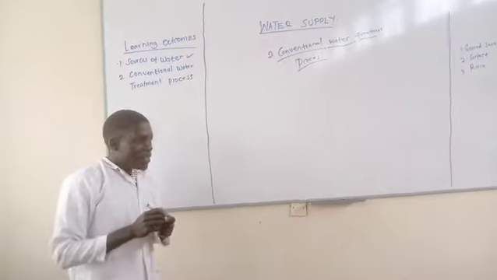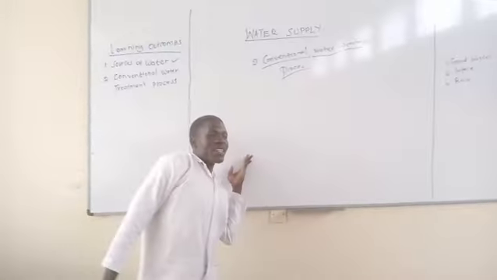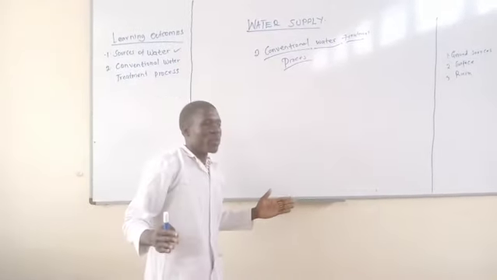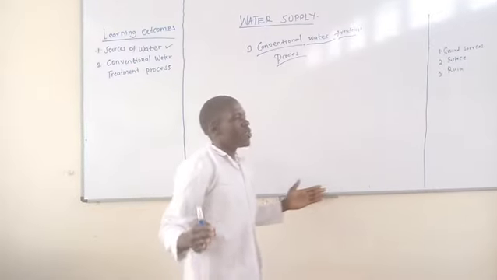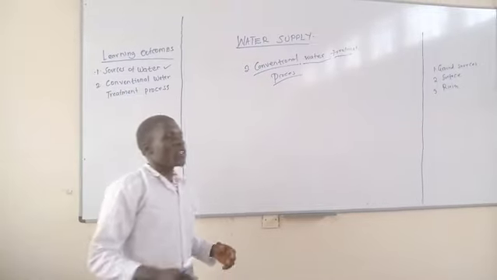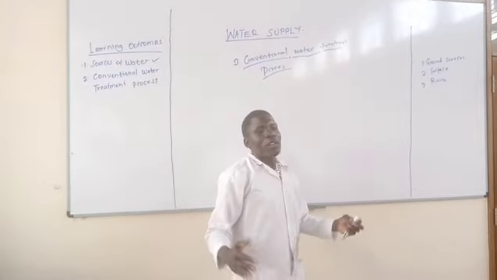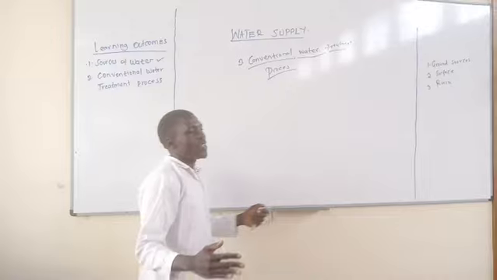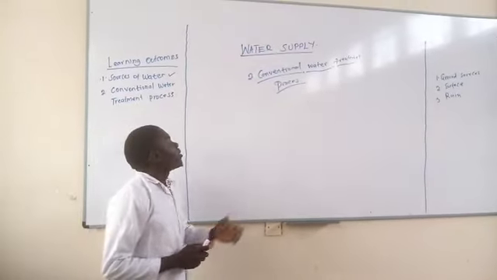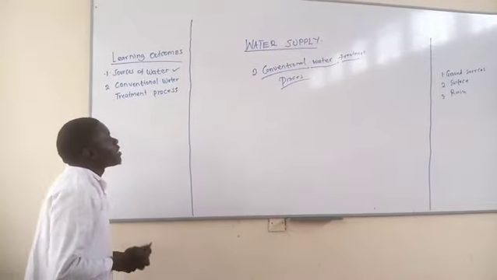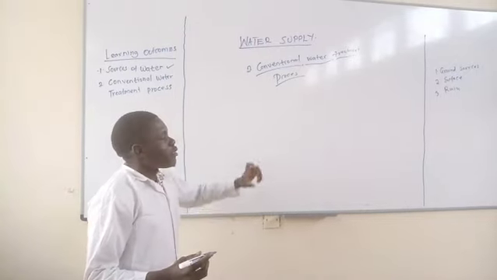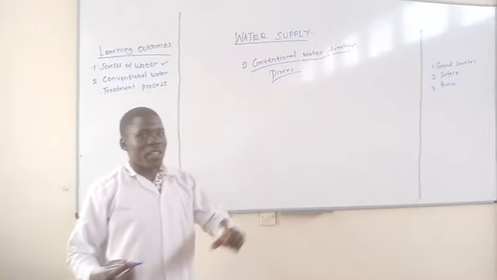Water treatment is a process of transforming raw water into potable water. Potable water is water with a measurable standard determined by the WHO for consumption. So this is a simple method of treating the raw water from the intakes.